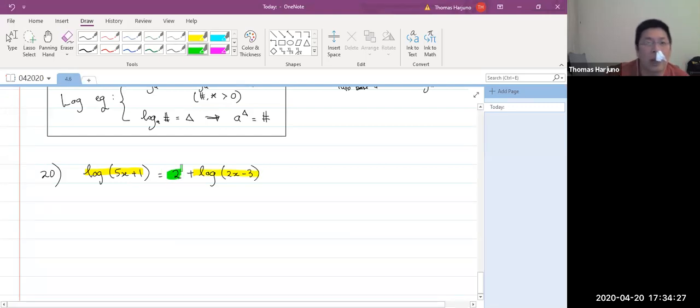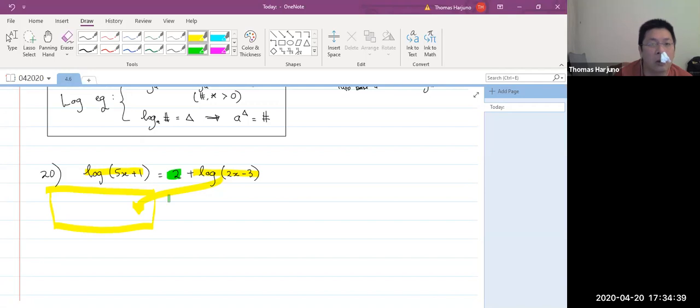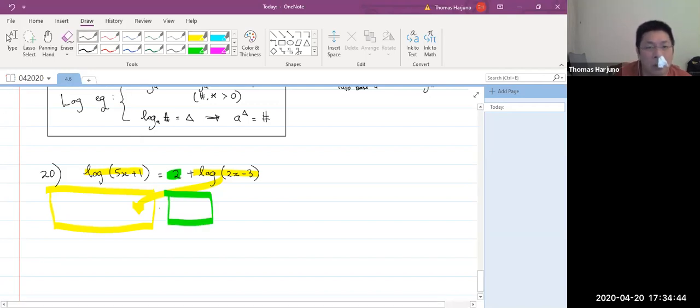So my plan is I will move the log part to one side, so I only have the log part on one side and the constant part on the other side. The constant part 2 on the right hand side, and then the log part on the other side: log of 5x plus 1 minus log of 2x minus 3.